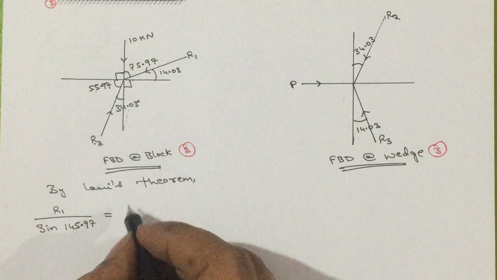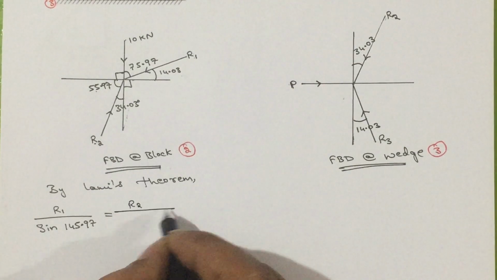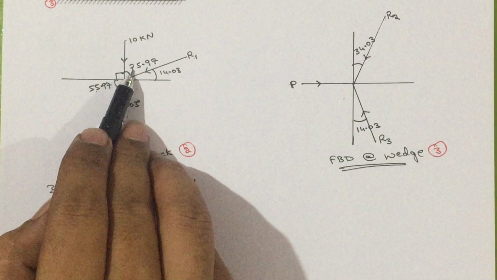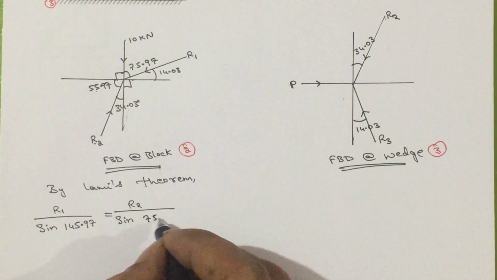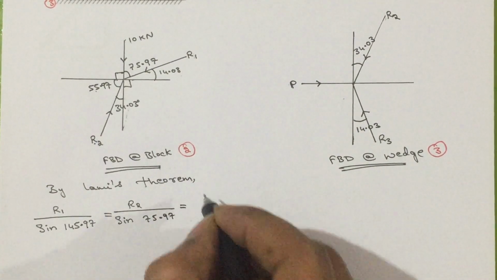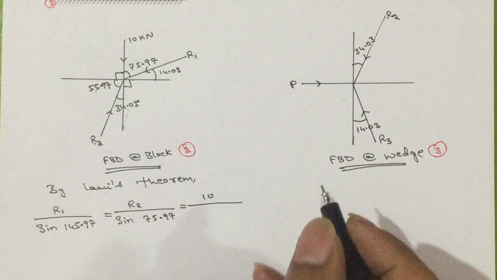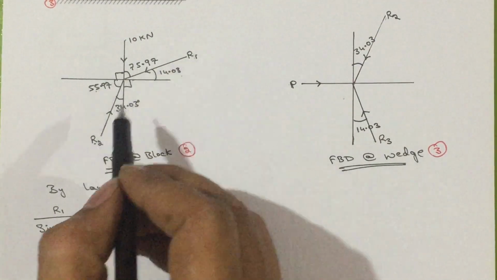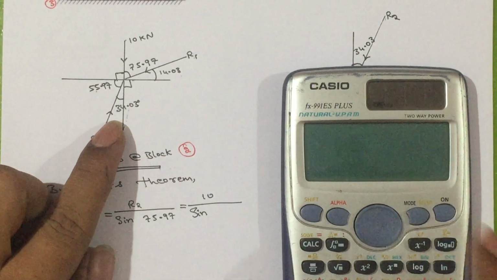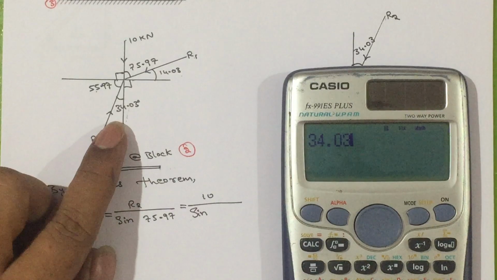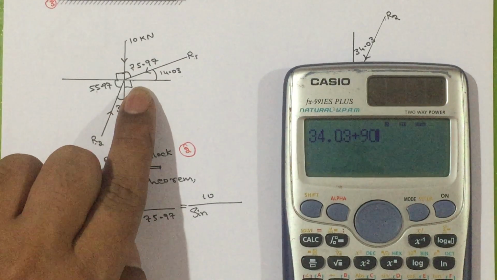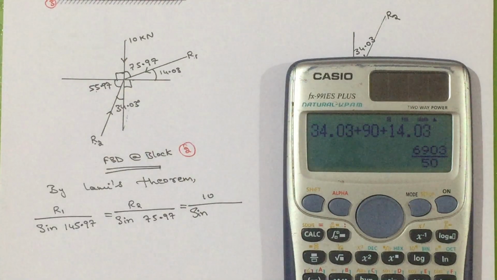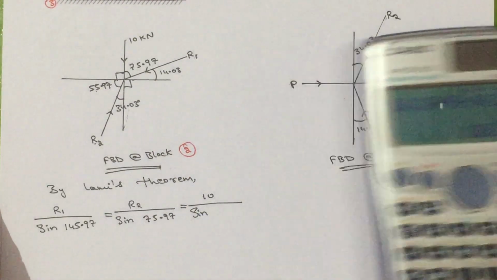That is equal to the next force R2 divided by sine of 75.97, that is equal to the third force 10 divided by sine of the angle between the other two forces, that is 34.03 plus 90 plus 14.03, which is 138.06.